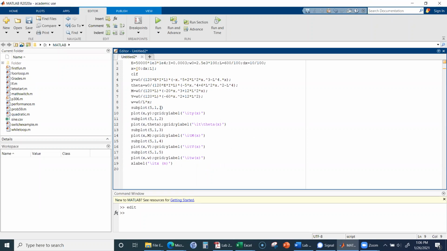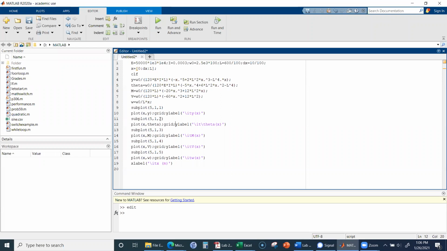And then the third number 1 shows that this is the first one, then this is the second one, then this is the third one. And after each subplot, we have the plot command. So this plot command plots x versus y, and then it provides the grid, and it provides the y label for each plot.